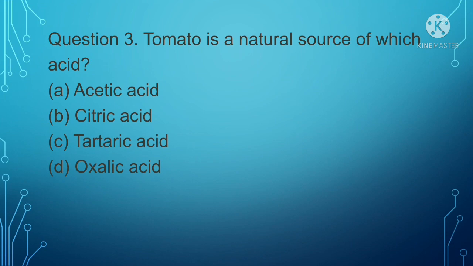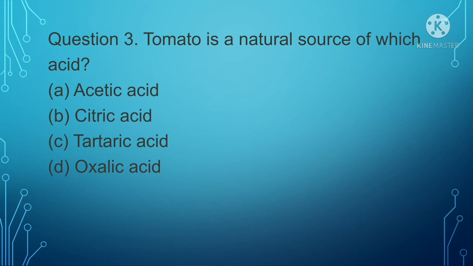Third question, tomato is a natural source of which acid? We all know that fruits consist of one or other acids. For example, acetic acid is present in vinegar, which is used to store pickles in the kitchen.